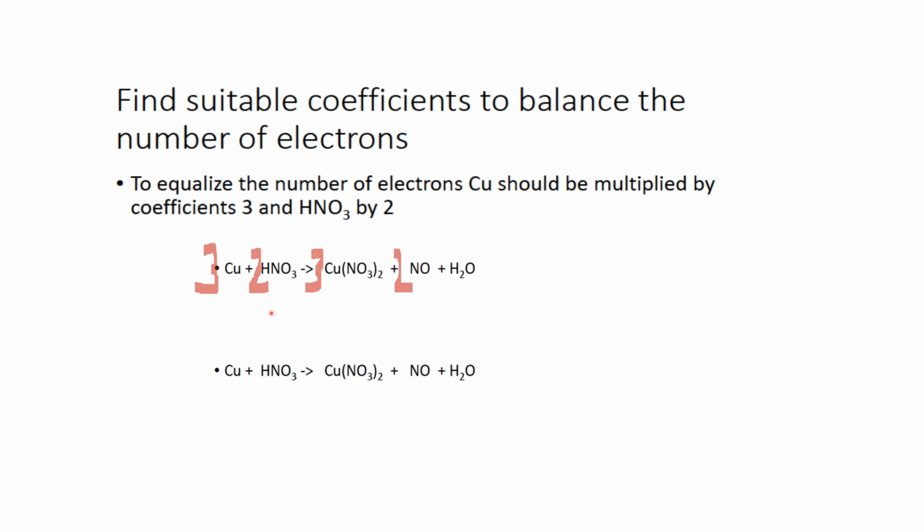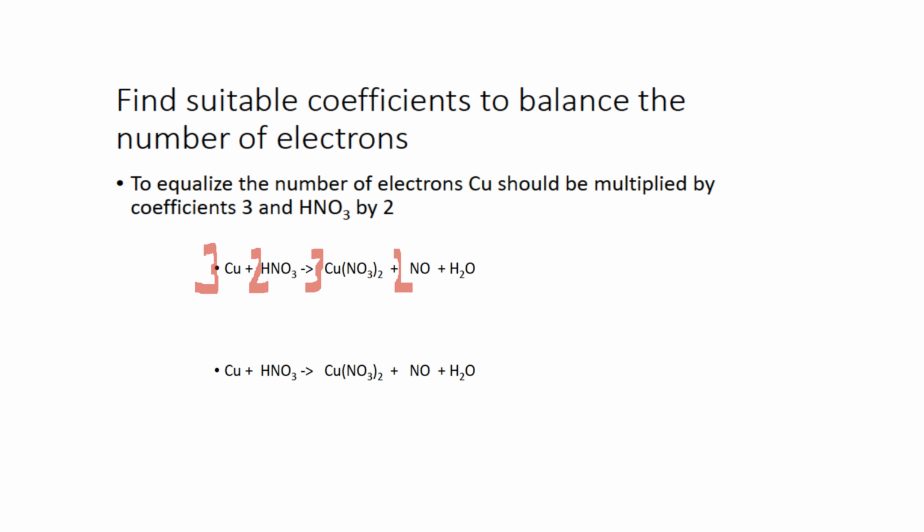Nitrogen on the reactant side, there are only 2 nitrogen atoms. But on the product side, if you see, the number of nitrogen atoms is 3 into 2, 6 plus 2, 8 nitrogen atoms. That means we will have to do a little further balancing over here to equalize the atoms undergoing oxidation and reduction.